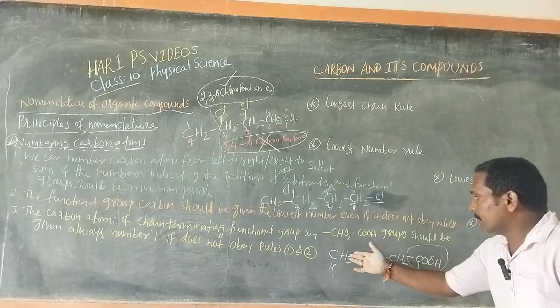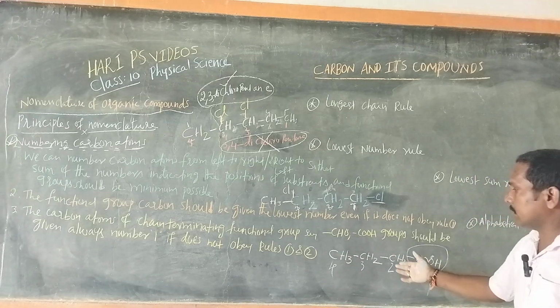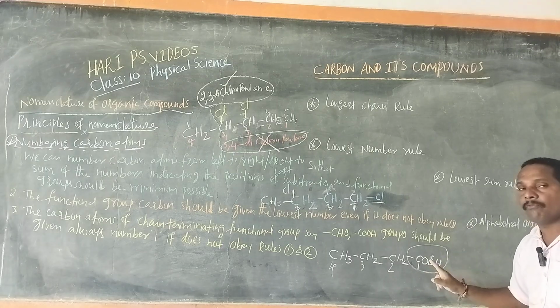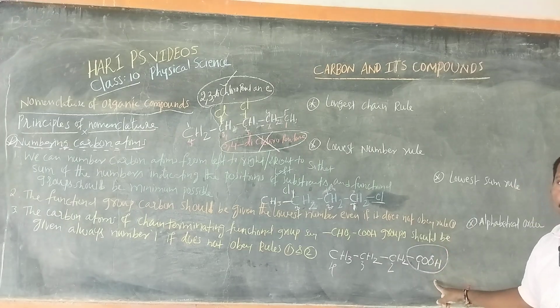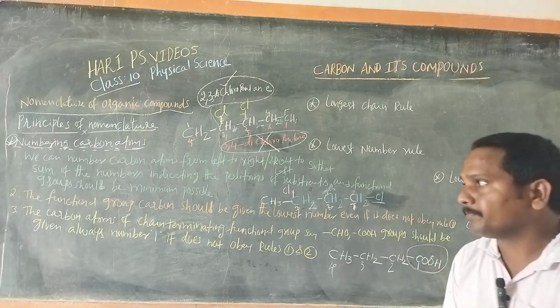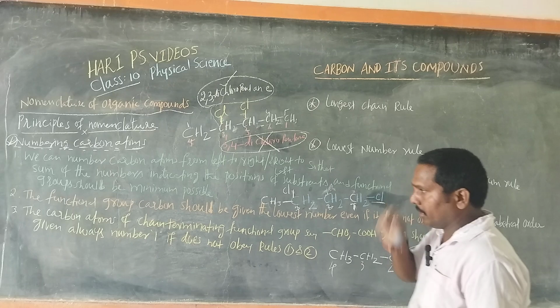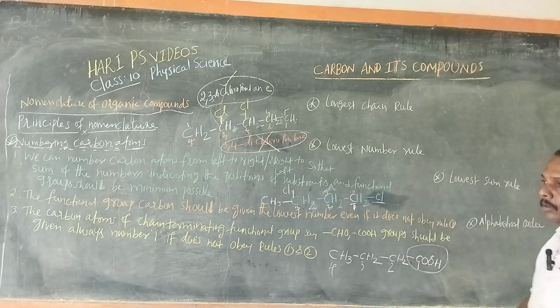Even if the other carbon atoms have any substituents, also give the number 1 for this, meaning the carbon atom of the chain-terminating functional group.